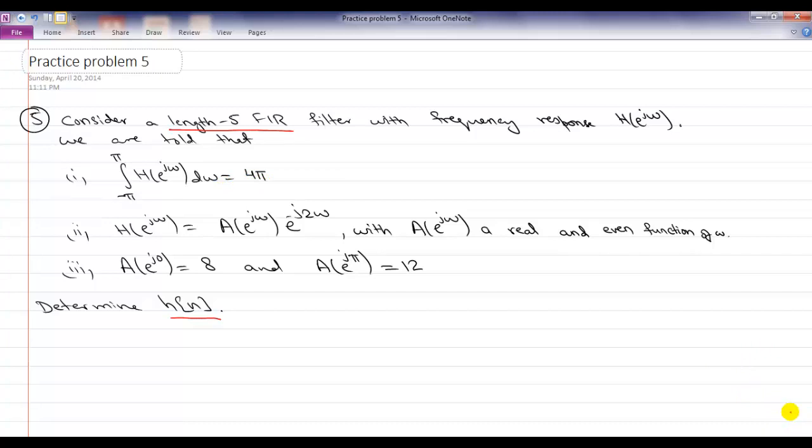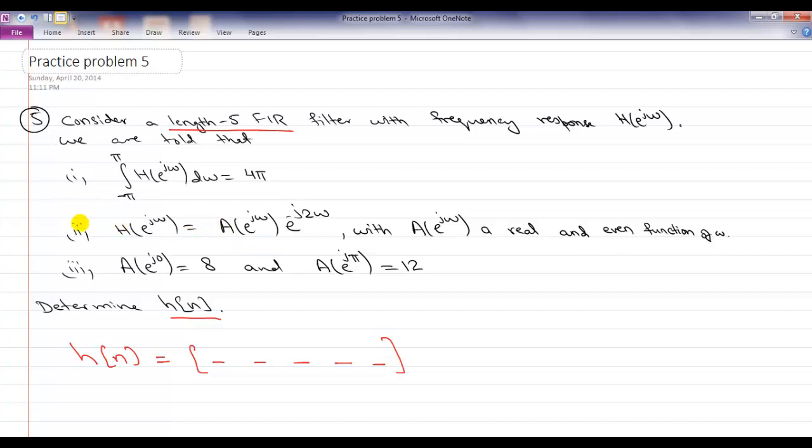Now, it's again sort of slowly unraveling the mystery. It's a length 5 FIR filter. h[n] has 5 elements. Okay. And 1, 2, 3, 4, 5. First of all, we don't know where the filter is starting from.